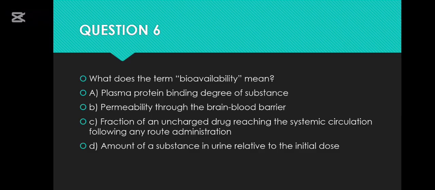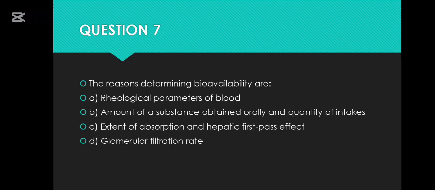Okay, so let's go to question 7. Question 7 is, the reasons determining bioavailability are... So basically the question here is saying we are looking at the determinants of bioavailability. So we want to look at what determines the bioavailability.